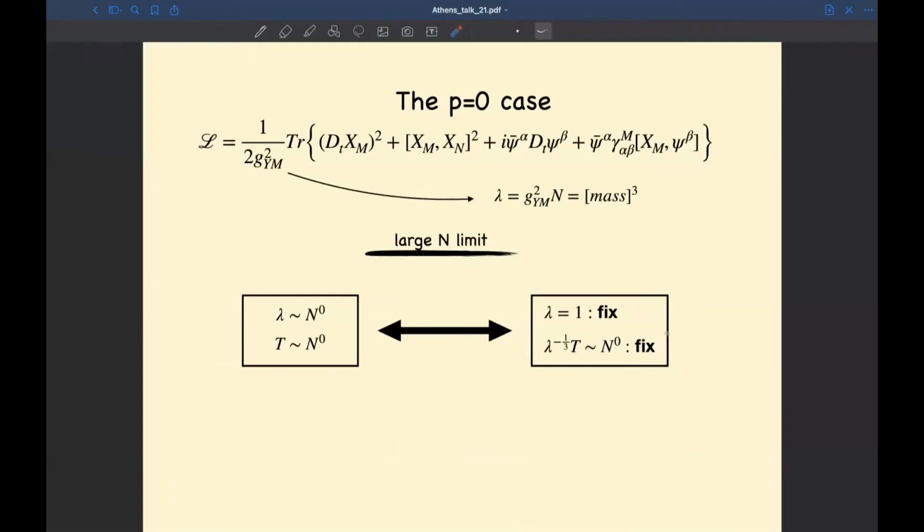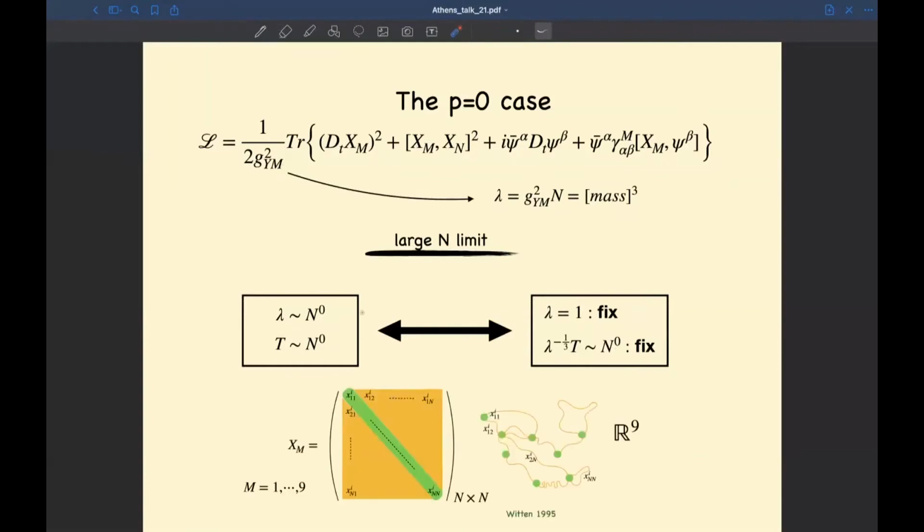Now the holographic construction works in a way that is a little bit interesting, and it is given by this. As I told you, we have 9 bosonic matrices here.